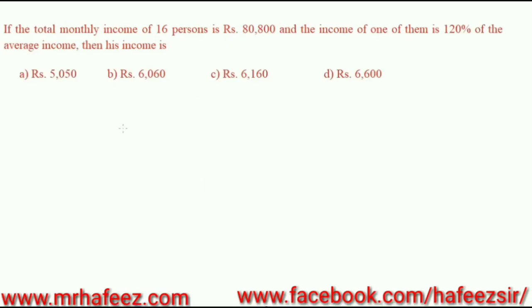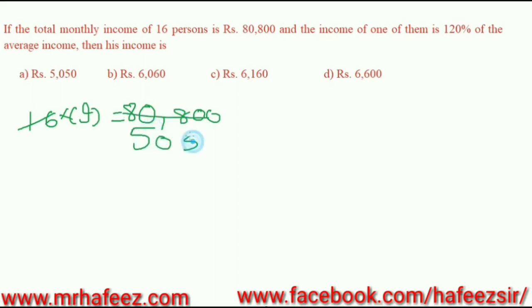If the total monthly income of 16 persons is 80,800 and the income of one of them is 120% of the average income, then his income is? So here the 16 persons' monthly income is 80,800 rupees, and the average is 5050.